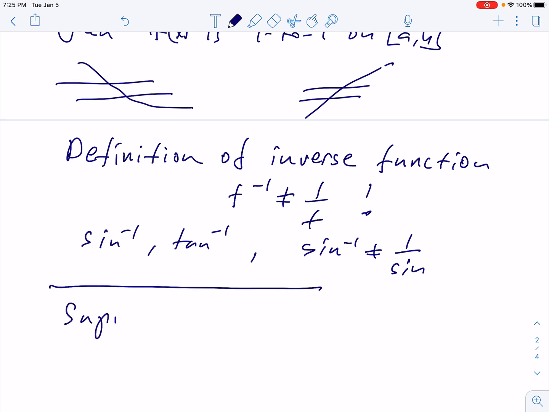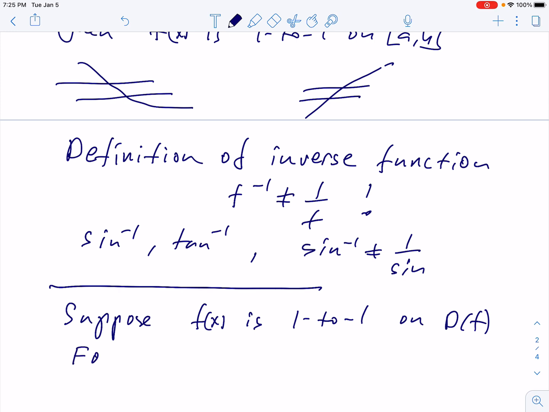Suppose f of x is a 1-to-1 function. This means every image has only one original, different originals go to different images on some domain D f.